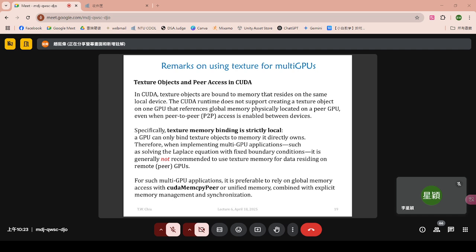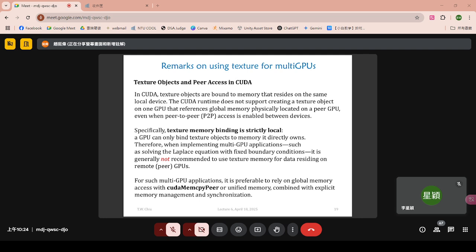In that case, it cannot read the value through this local texture, because CUDA does not support binding the texture of this GPU to the global memory of another GPU, its peer. So texture memory binding is strictly local.